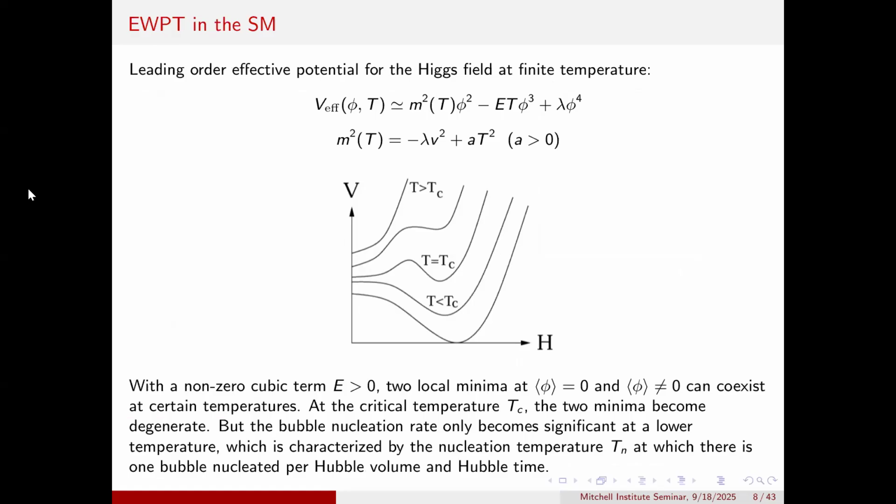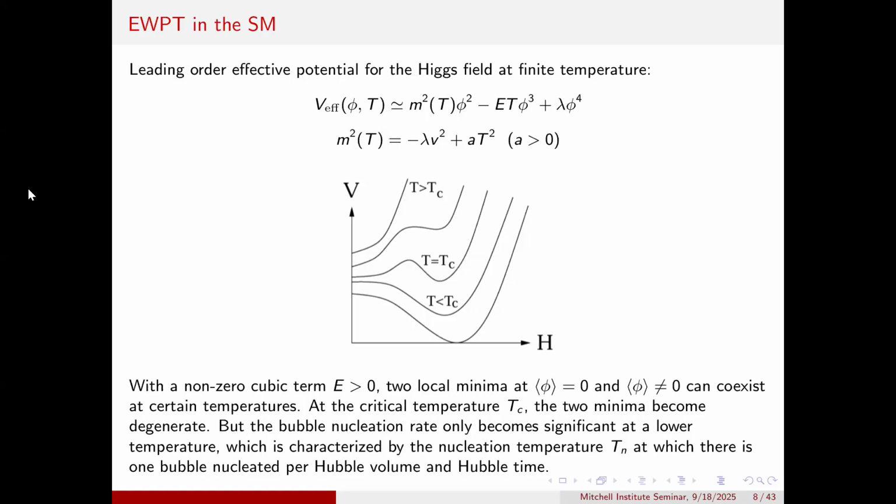Now we can analyze the shape of this potential at different temperatures. At very high temperature, where the quadratic term dominates, V effective is just like a quadratic potential in H. In this case, we have only one global minimum at H equal to 0, where SU(2) is restored.